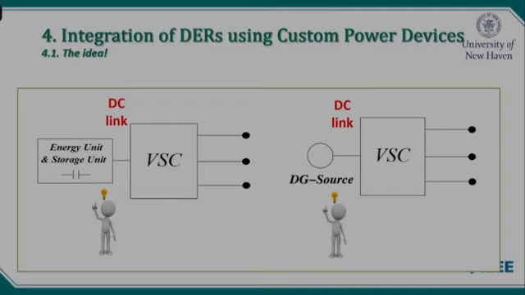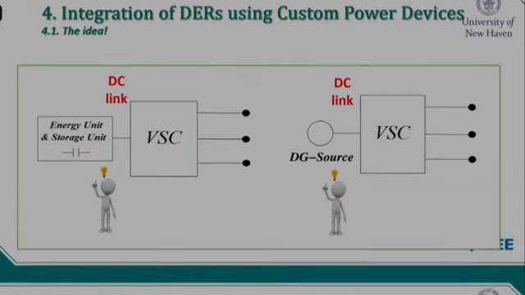On the right side of this slide, again, we have the same voltage source converter, the same DC link, and it is also possible to connect distributed generation resources which have a DC output and use them in this connection. Next slide, please.